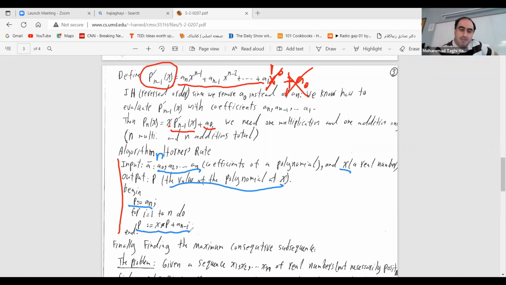So what does it do? First it computes an. Then I multiply this by x and add an minus 1, so I have x times an plus an minus 1.